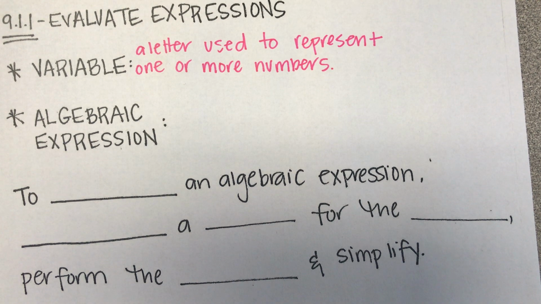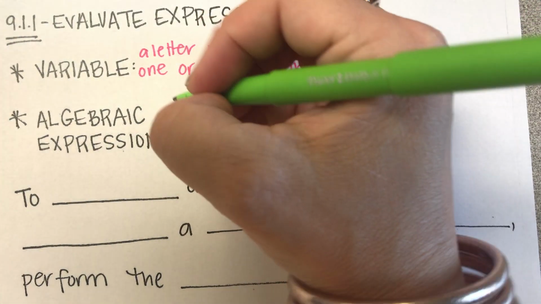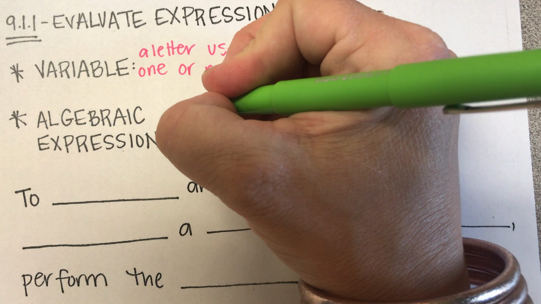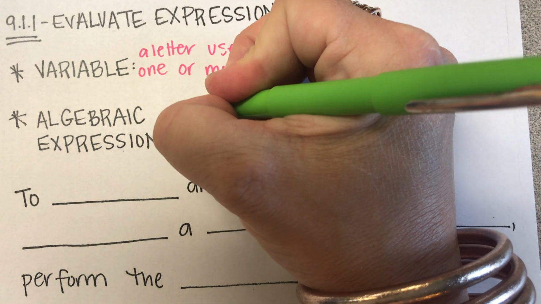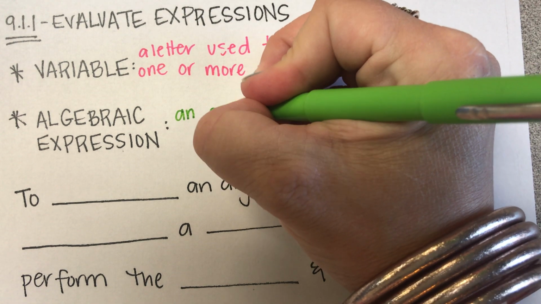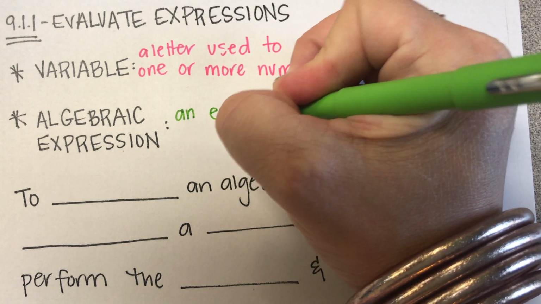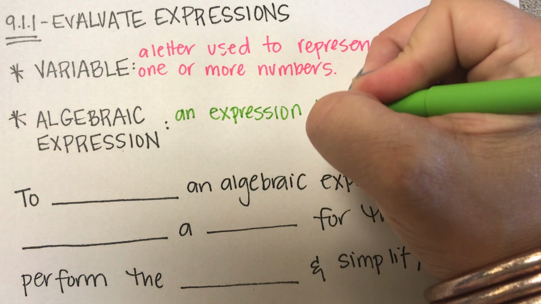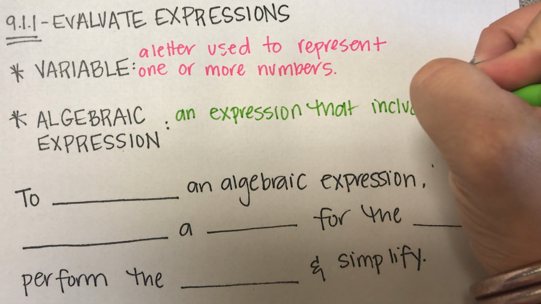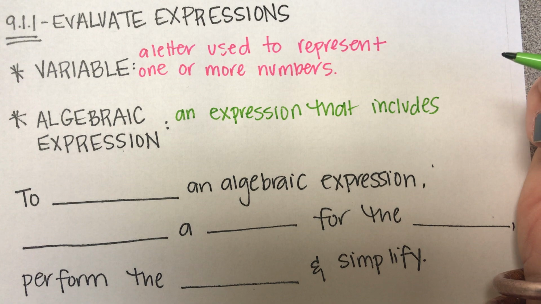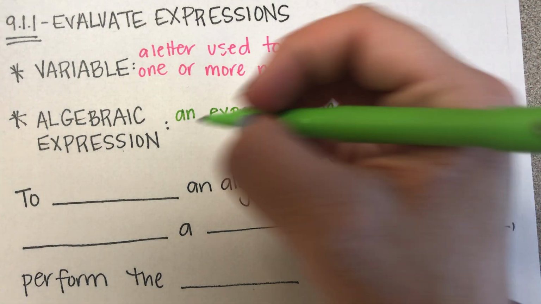An algebraic expression is also called a variable expression, and that is an expression, you may have guessed it, that includes at least one variable.